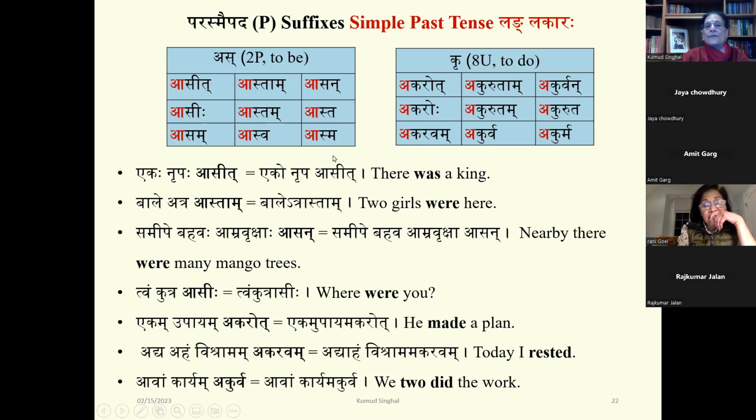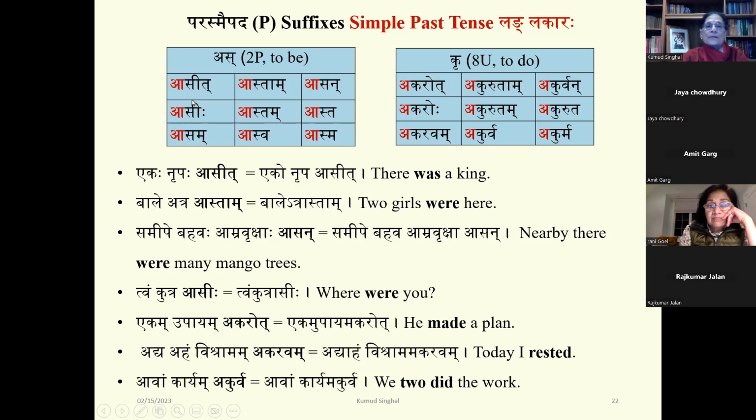So the word will be plural, and this is an adjective, bahu. So bahava, it will decline like guru, bahava. So nearby there were many mango trees. So here, this visarga will be dropped because it is followed by a long a, and again this visarga will also drop.